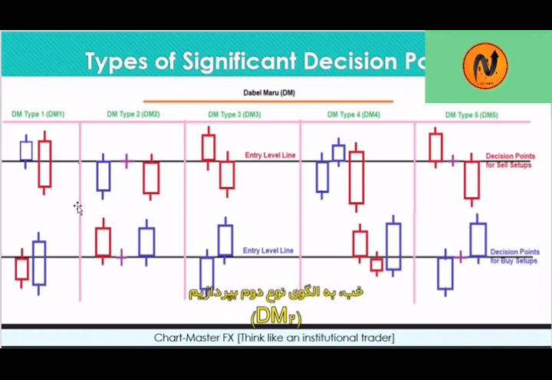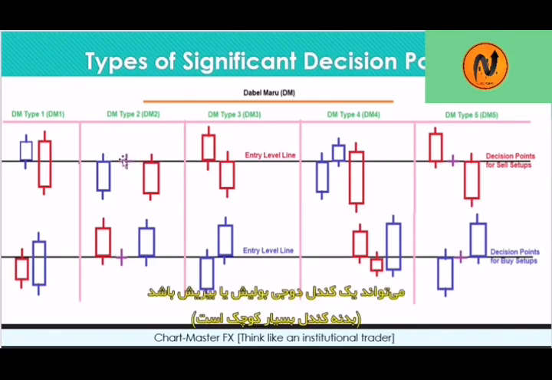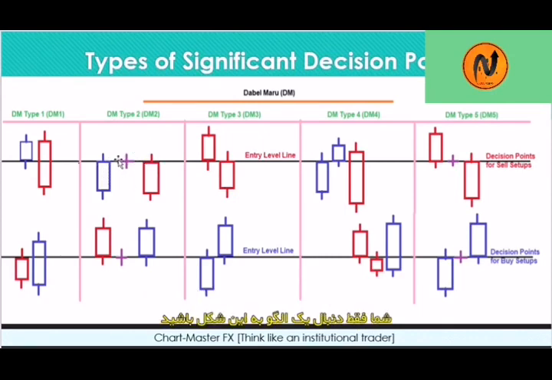Guys, we go to DM type 2. You can see here that with this candlestick formation, it doesn't matter the color of this doji. It might be a bearish doji or a bullish doji, but you look for such a price pattern like this one.